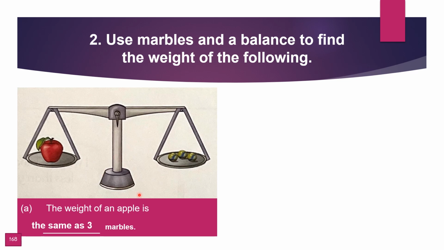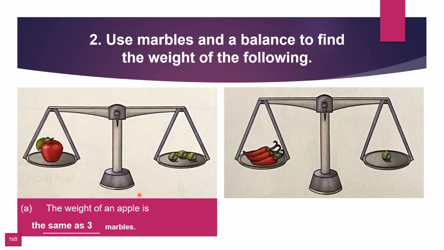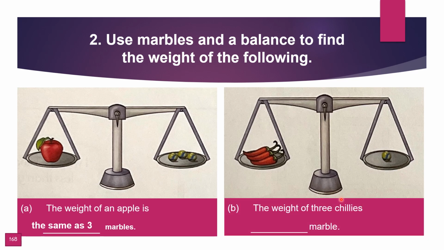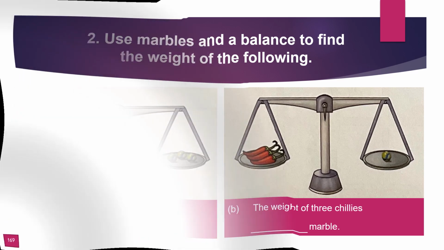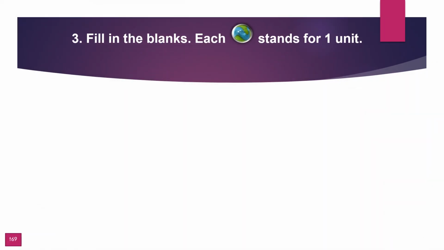Okay, next, how about this one? Chili and marble, 1 marble. So the weight of 3 chilies is equal to 1 marble. Fill the blanks, each marble for 1 unit.